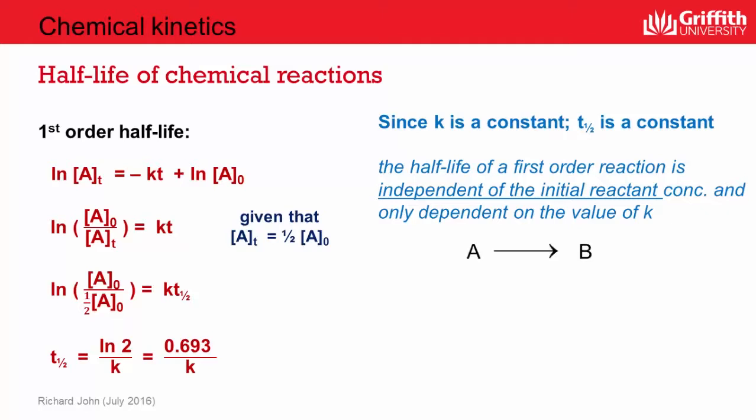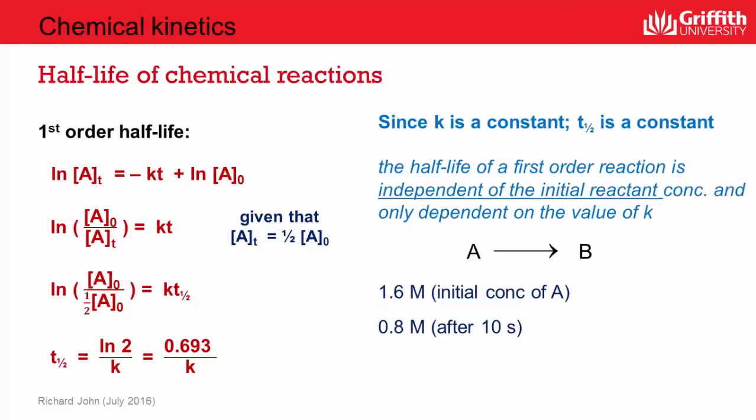So, for example, if we consider a first-order reaction where reactant A is converted to product B, if we were to start with an initial concentration of, say, 1.6 molar, and that concentration were to drop to 0.8 molar after, say, 10 seconds, we would then say that the half-life of this reaction is 10 seconds.